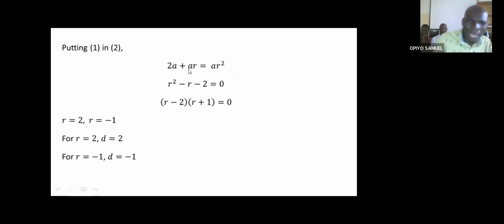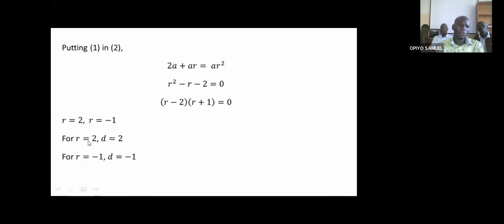And from here, a is constant, cancel, we remain with r squared minus r minus 2 equals 0. This equation can be factorized into r minus 2 times r plus 1. So if each bracket is equal to 0, we get r to be 2 and r equals negative 1.